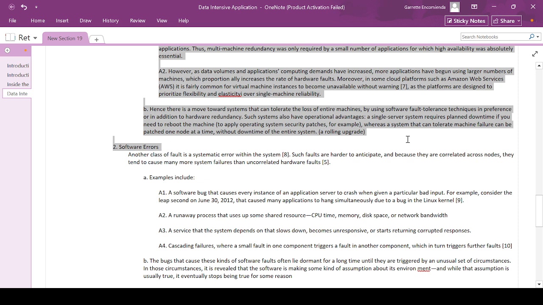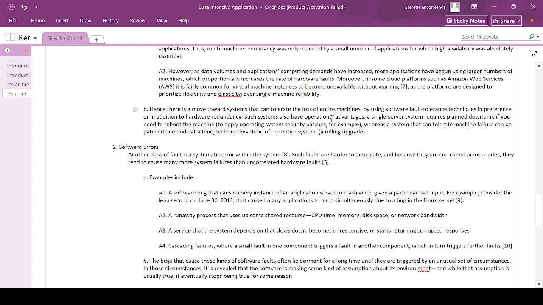So to move beyond the hardware, there are software fault tolerance techniques, in which you use software to make your system fault tolerant or to increase its anti-fragility to faults.